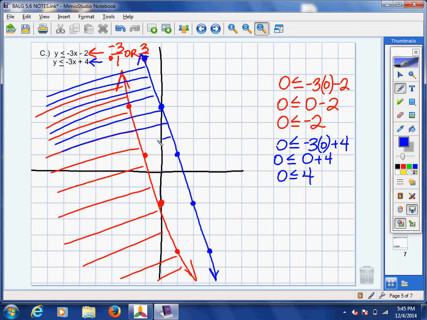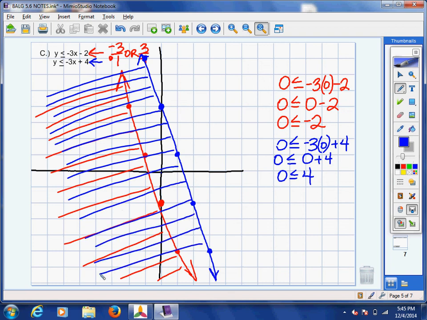Now, notice that the overlap doesn't start until the red line. See that? This open area between the red line and the blue line is not where the overlap area begins. Let me get my highlighter out and show you that the actual overlap area starts on this red line and is all this in between. That's where the overlap area is.